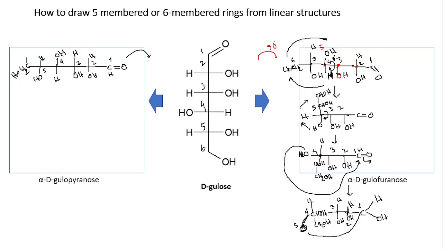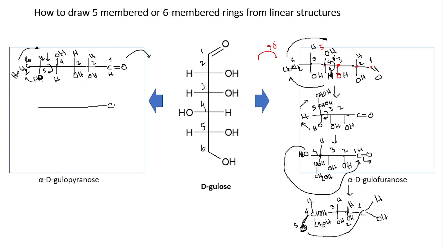Now, how do we make a 6-membered ring? Here, you count 1, 2, 3, 4, 5, and 6. Okay, so if you use this O, this would form a 6-membered ring. So, likewise, you want to bring this here. Let's do a rotation. So this will go here, this will go here, and this will go here.